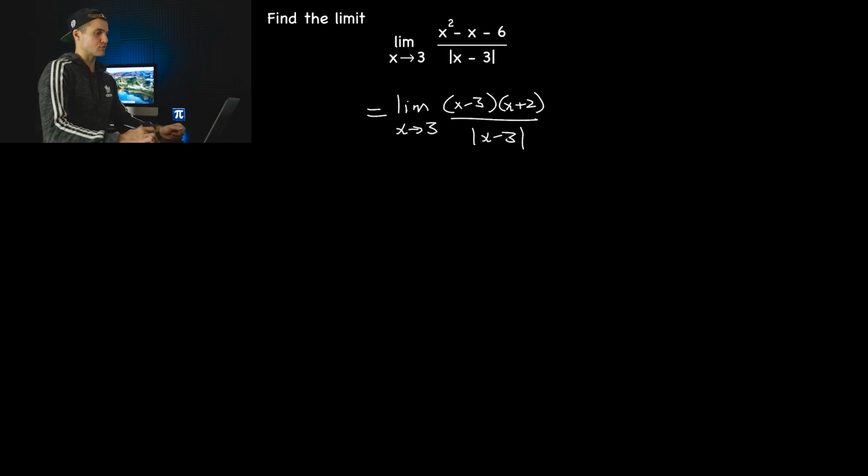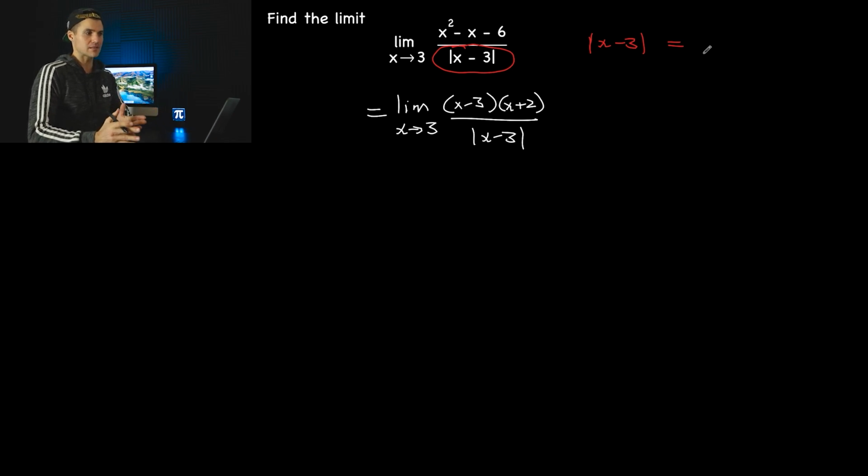So what I'm going to do first is take this absolute value of x minus 3 to the side. And if you remember, what does an absolute value do? It takes any value that's already positive and keeps it like that. The absolute value of positive 5 is just positive 5. So if the expression in the absolute value is positive, we just keep it as it is.